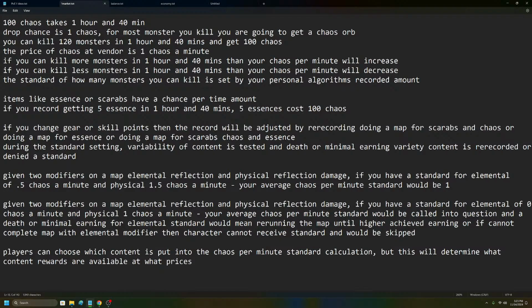Your specific playstyle and your specific character. Which, when you take the test, it's going to be the gear and skills that you've put points into, or that you've put onto your character. And so anytime you change gear, or anytime you change your skill tree, you would have to retake the stress test.